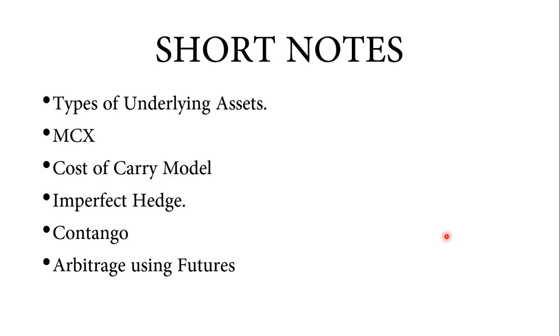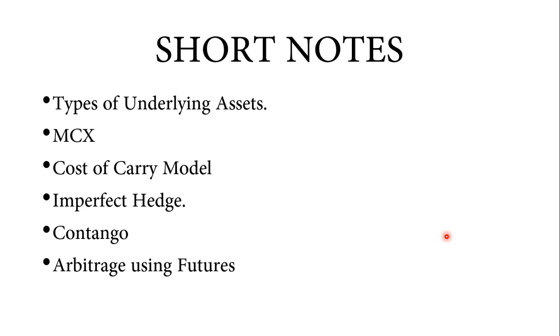Next, types of underlying assets. Next we have MCX. Third is the cost of carry model. Fourth will be imperfect hedge. Next is contango.